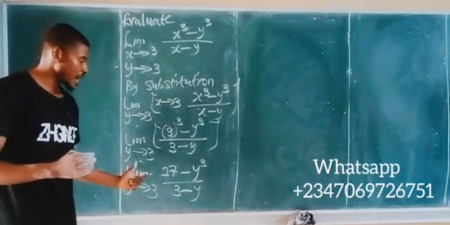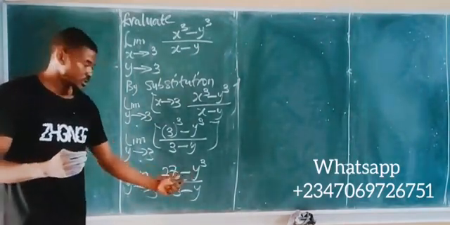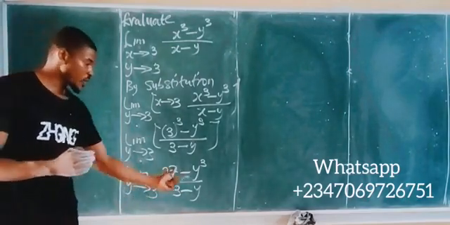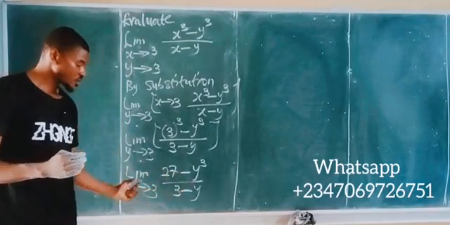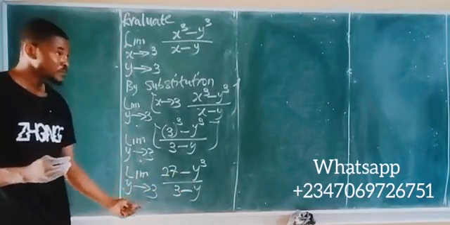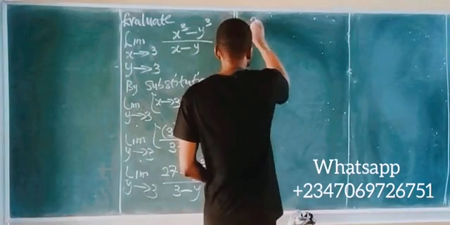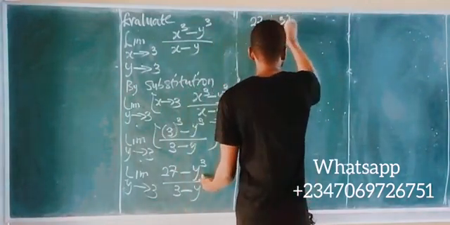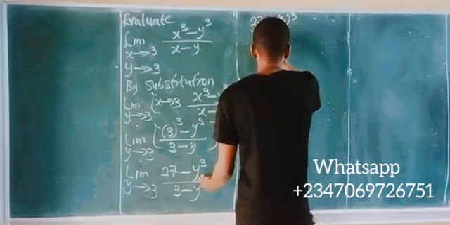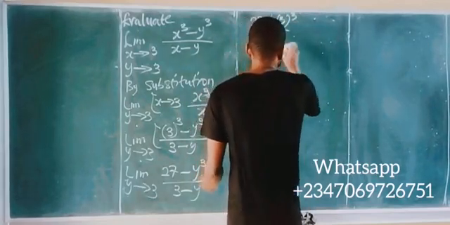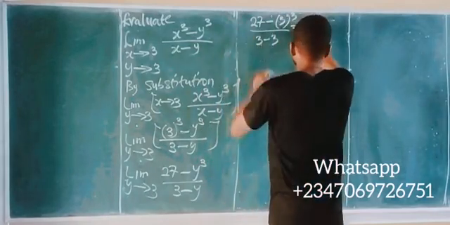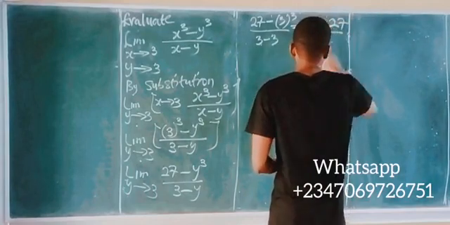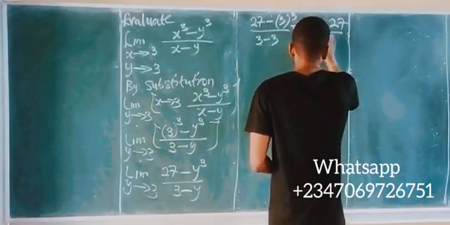At this point I have all variables in y, so I simply put in the value of y as 3. That gives 27 minus 3 cubed, all over 3 minus 3, which is 27 minus 27 all over 3 minus 3.